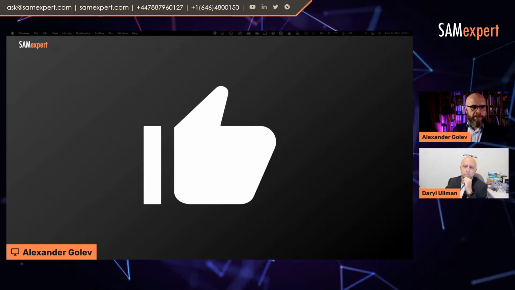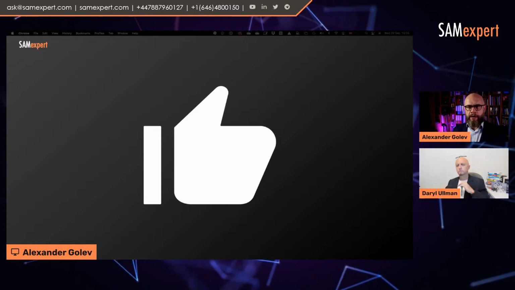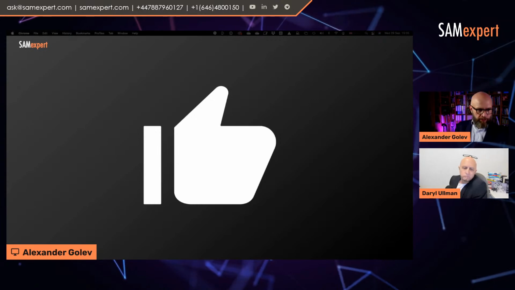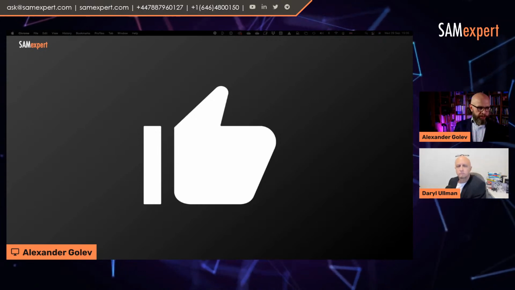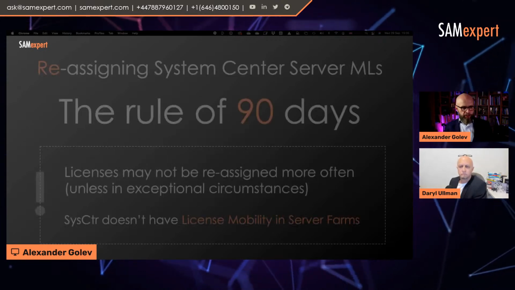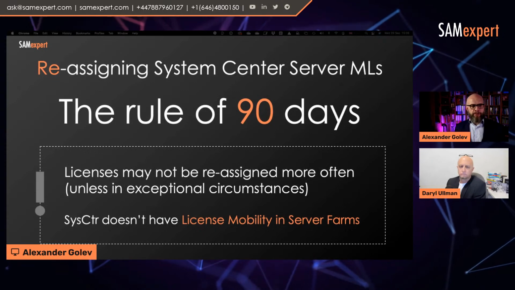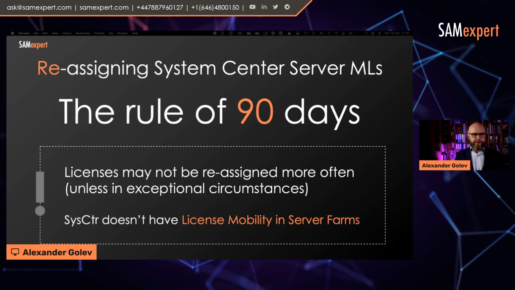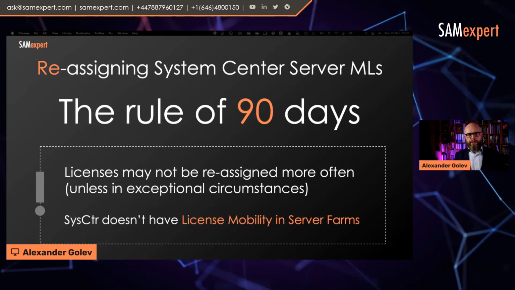And look at the mess that Microsoft did with RDS CALs. I'm going to show you just a couple of slides. So rule of 90 days, same as for Windows 7, no licensability in server farms. Licenses are attached to hosts for 90 days.